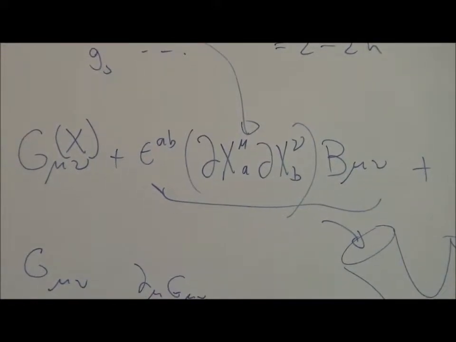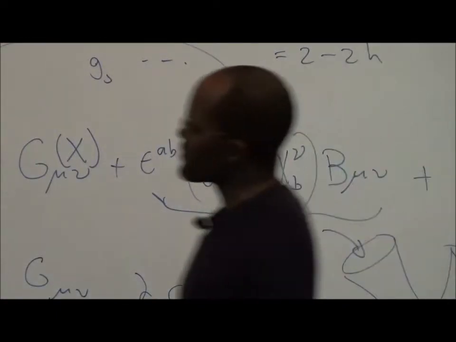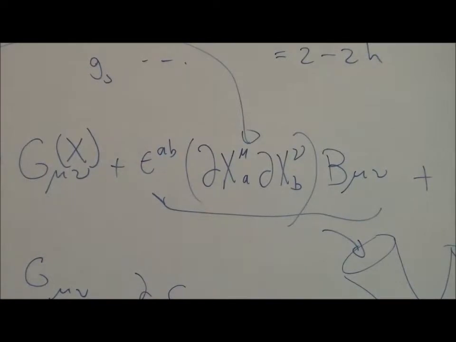It's the natural thing that you write down as soon as you start thinking about extended objects. You go back to how you think about point particles, and you go, what would be the natural things I would generalize?